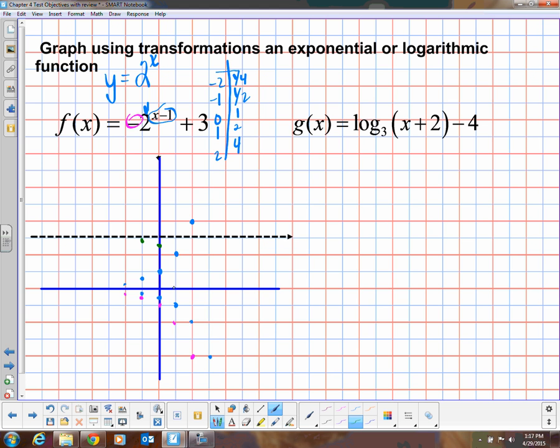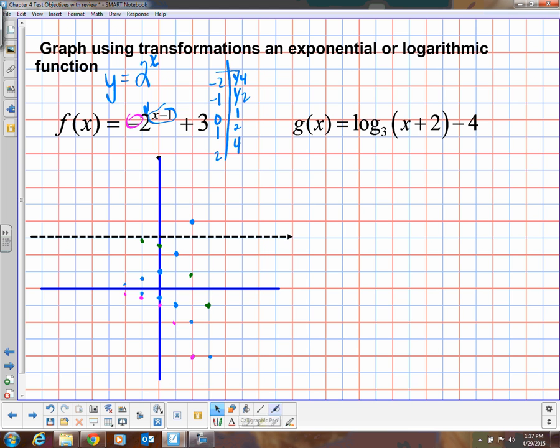Then we do 1, 2, 3. We do 1, 2, 3. I think that was what it should look like. Yes, reflections first. That should be there. This should be there. And 1, 2, okay, there we go.